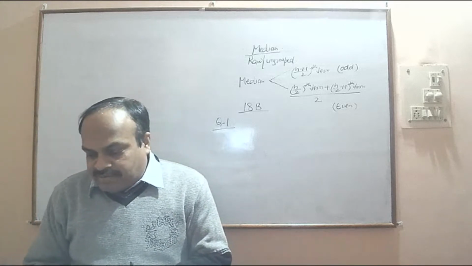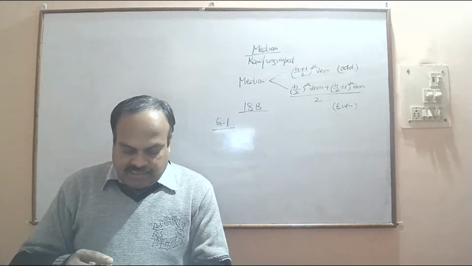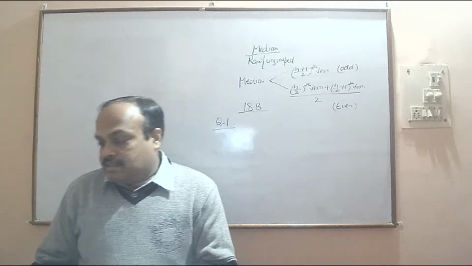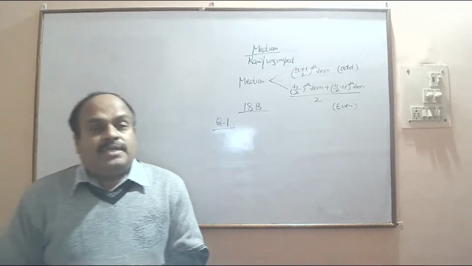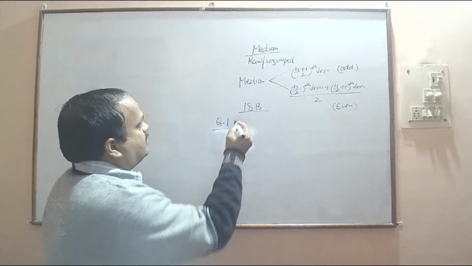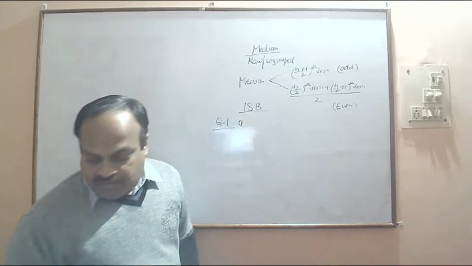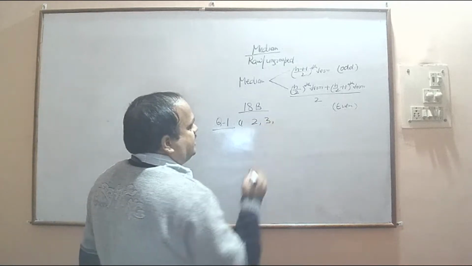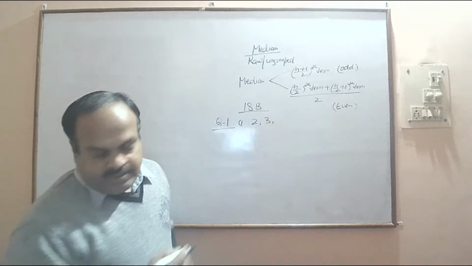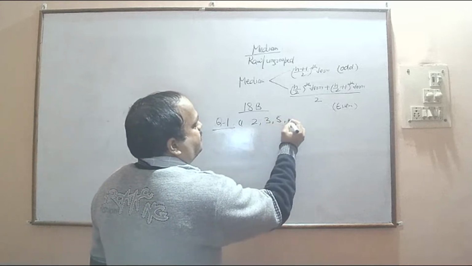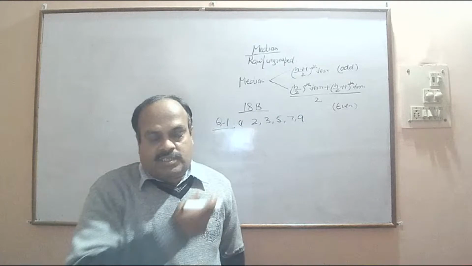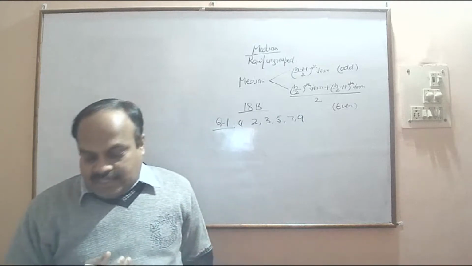Find the median of the following sets of data. First part, we have 2, 3, 5, 7, 9. This is a set of data.